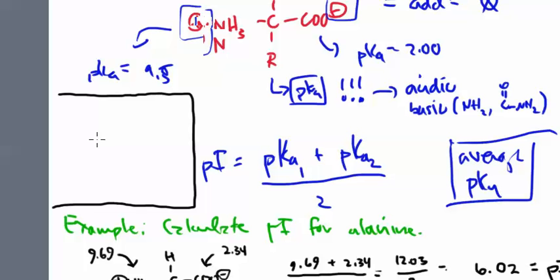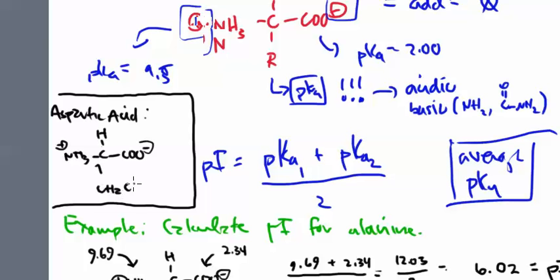aspartic acid. Okay, so aspartic acid. If I didn't call it aspartic acid, well, that probably means at physiological pH it's not an acid. Aspartic acid is aspartate, so let's draw the structure for aspartate. This is NH3 plus, and then the carbon, and then the hydrogen, and then the COO minus, and then down here below was a CH2 with a COO minus as well.